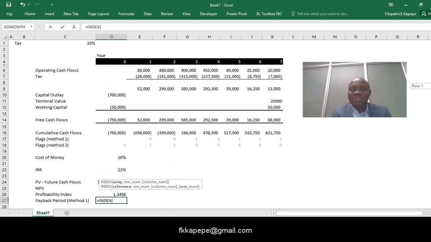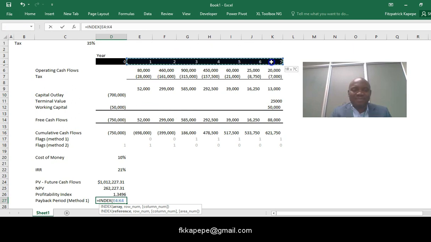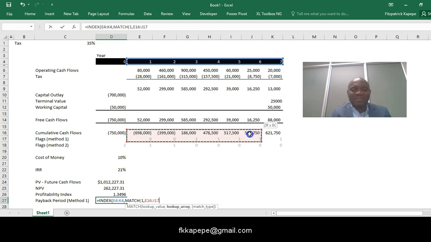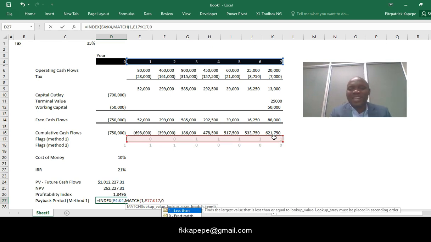What do I want to pick? I want to pick these years here, comma, match. I'll type 1, because I'm looking at the flags. Then I'll pick from here up there, comma 0, I want an exact match.